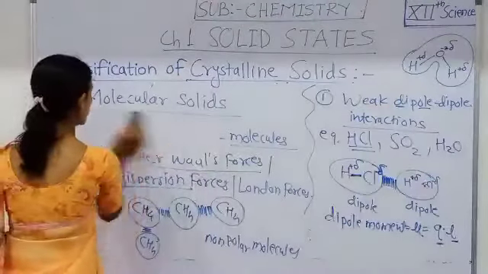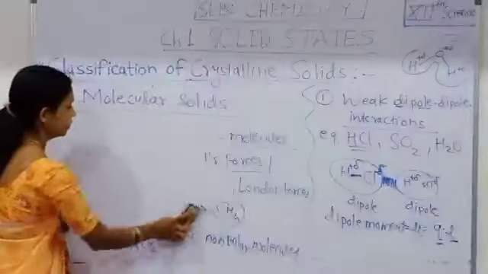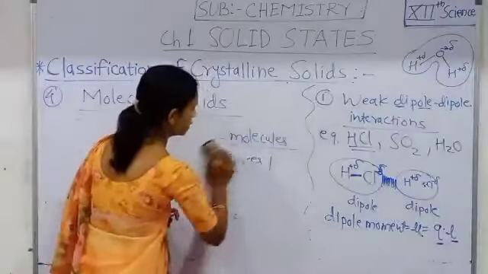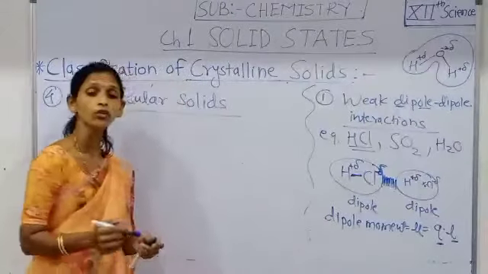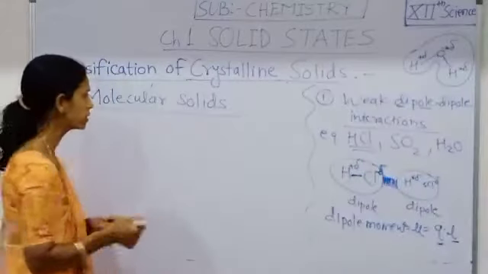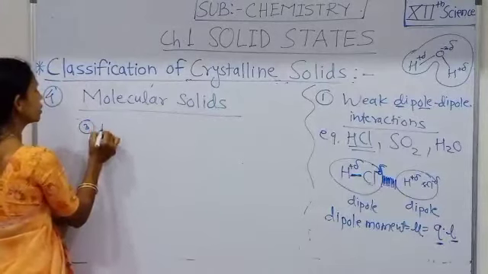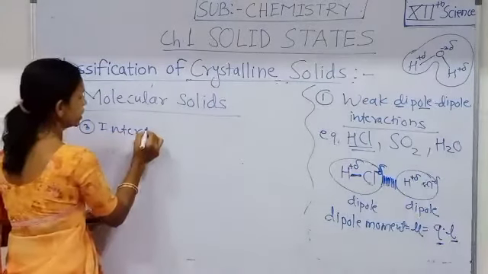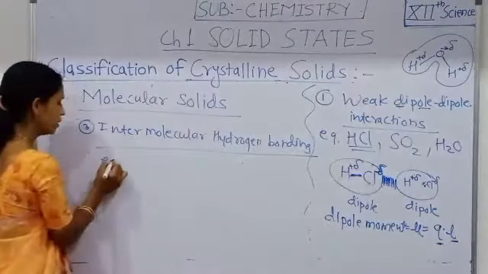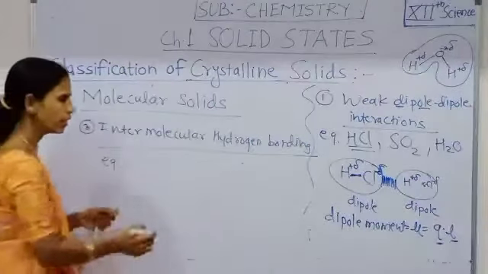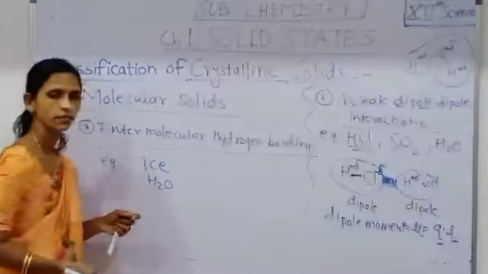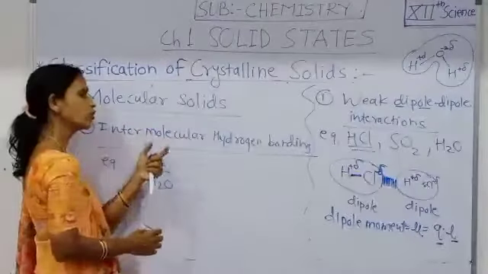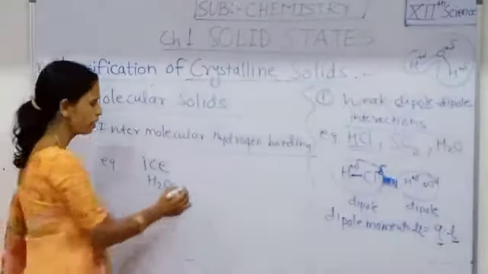Then the third type of molecular solid is the one which contains intermolecular hydrogen bonding. For example, see here, ice, that is H2O, in which intermolecular hydrogen bonding is there.